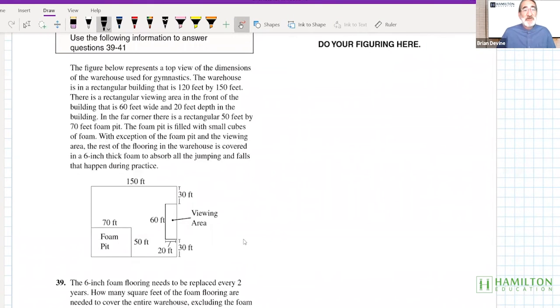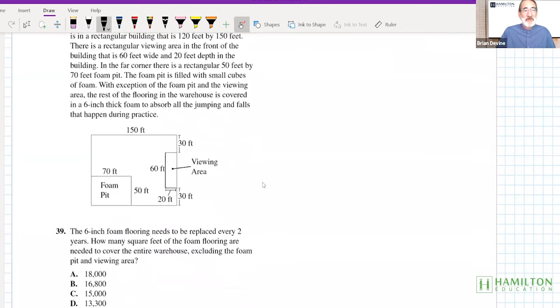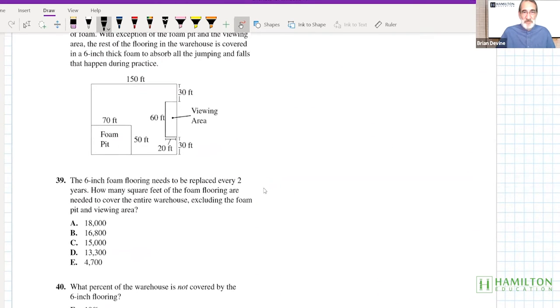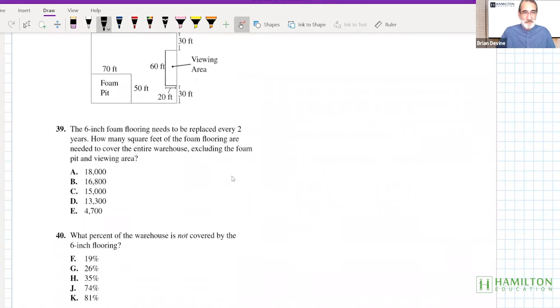Yes, it is. There's a rectangular viewing area that's 60 by 20. And in the far corner, there is a 50 by 70 foam pit filled with small cubes of foam. With the exception of the foam pit and viewing area, the rest of the flooring is covered by 6-inch foam to absorb jumping and falling.